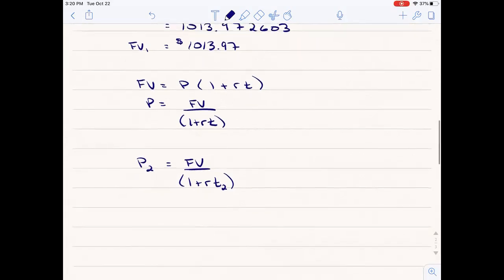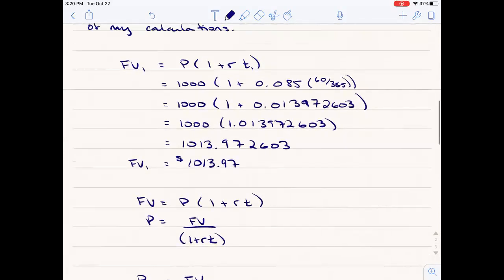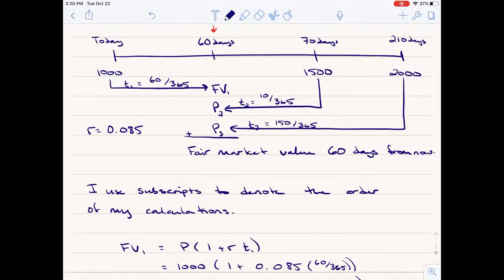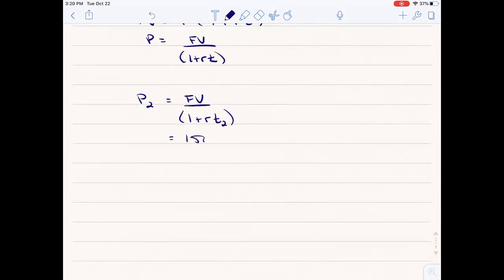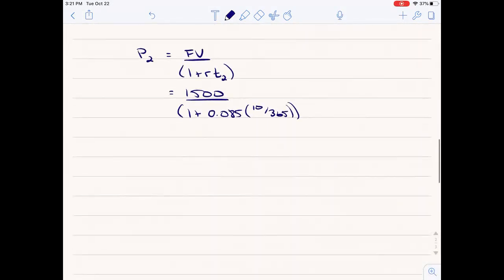The future value, the amount on the right-hand side of the arrow for P2, was $1,500. So we've got 1,500 over 1 plus R, which is still 0.085, times T2, which we said was 10 over 365. What I want to do is simplify the 0.085 times 10 over 365 into one number before I add it to 1.